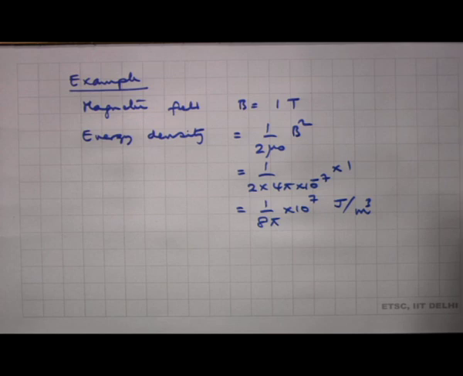So, that is the energy stored in this magnetic field. If you have 1 Tesla magnetic field at a certain point, there is a magnetic field energy density of 1 by 8 pi 10 to the power 7 joules per meter cube in that volume.